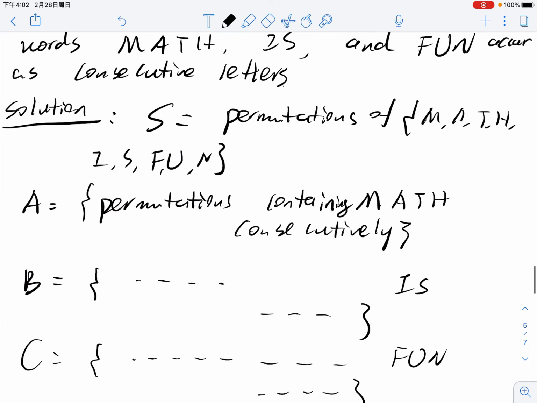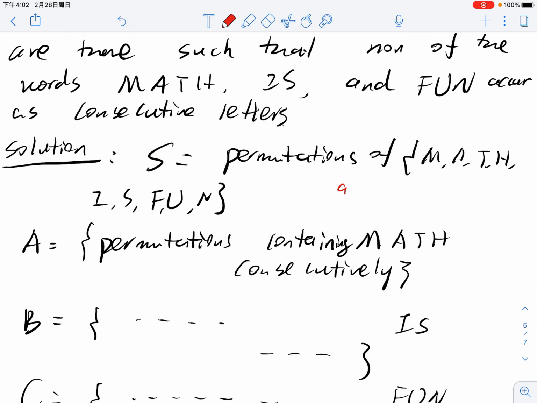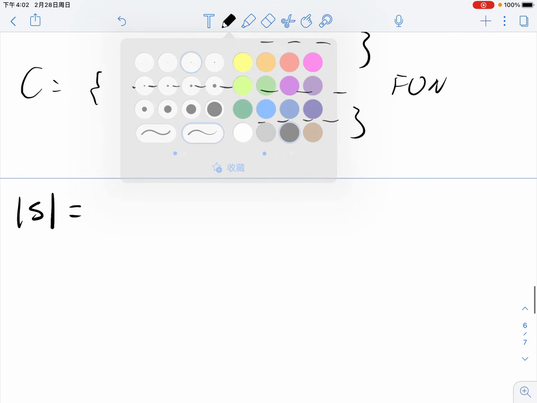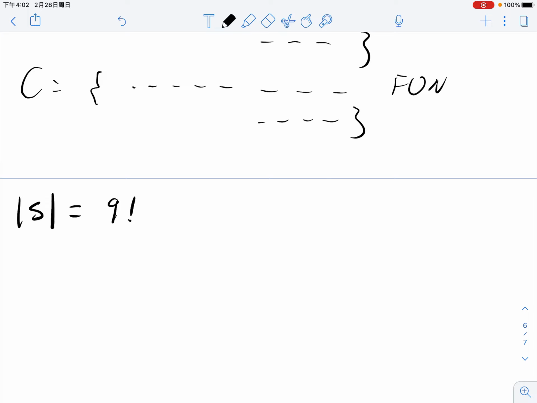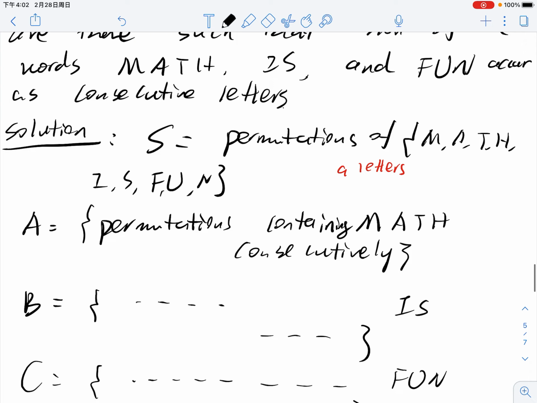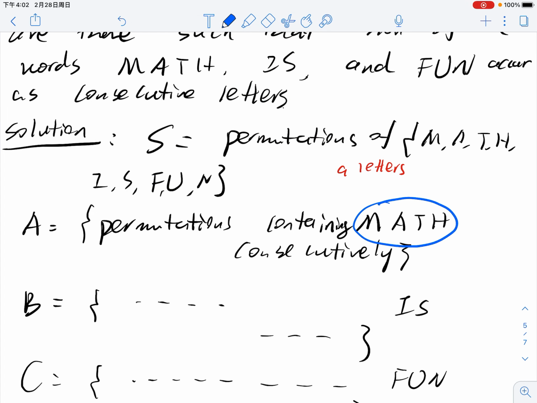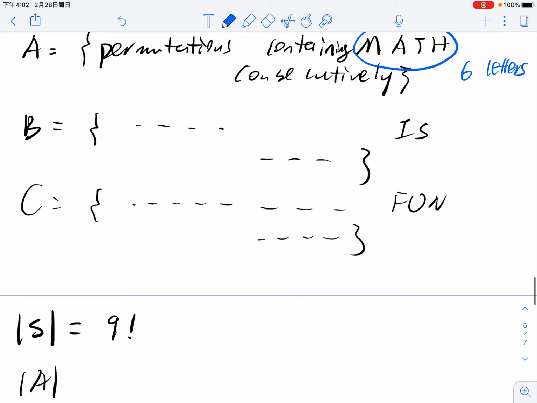Okay, then let's compute what is the cardinality of S. Since you have 9 letters, the cardinality of S is 9 factorial. And for A, since MATH appears consecutively, you can view this as a whole thing. Therefore, you can view this as a permutation of 6 letters.